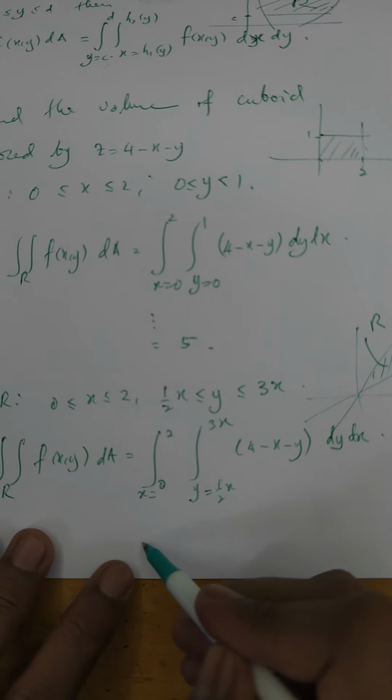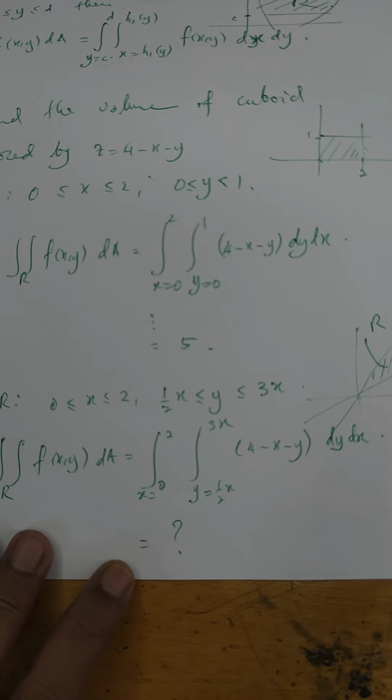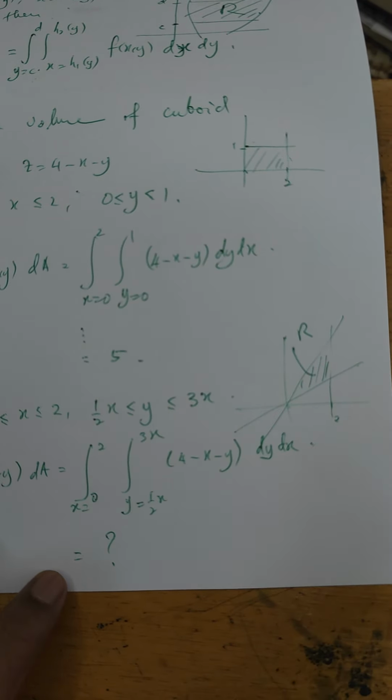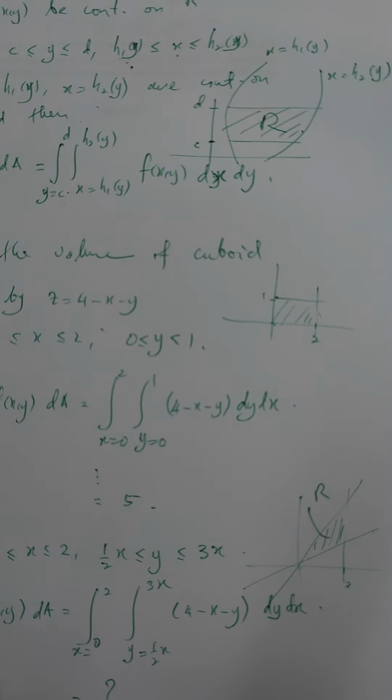Again, you can evaluate this. I don't have a solution for this. I just came up with it in my mind to give you the example, or the idea of what Fubini's theorem 1, 2 and 3 look like.